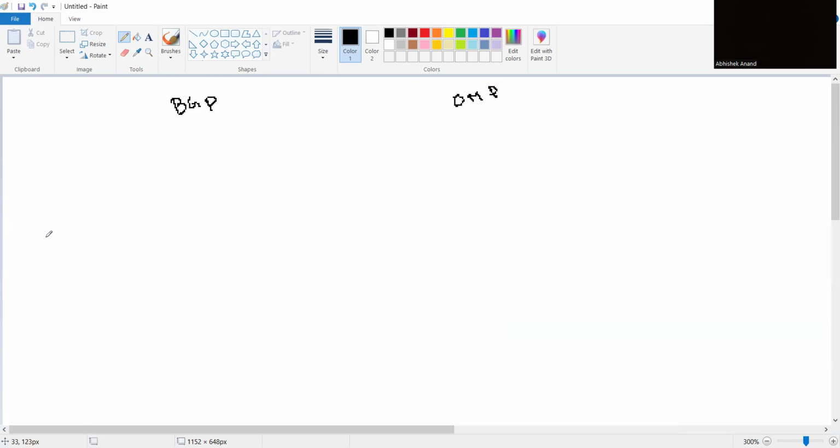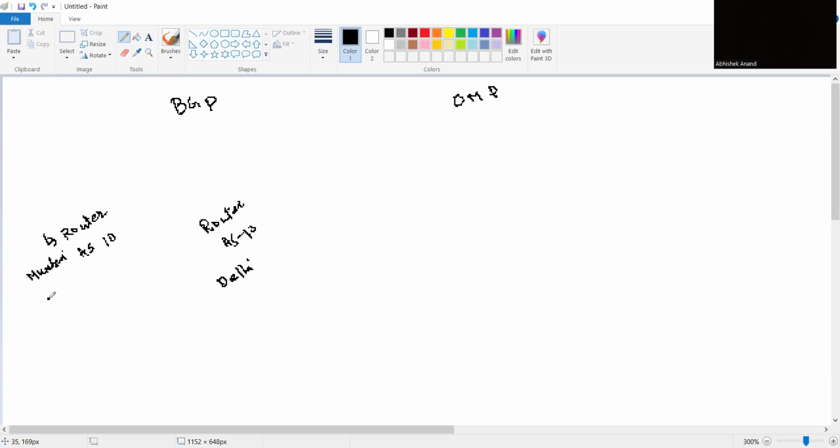Let's say on this side we have a router with AS 10. This is at the Mumbai location. At the Delhi location, again we have a router with AS number 10.